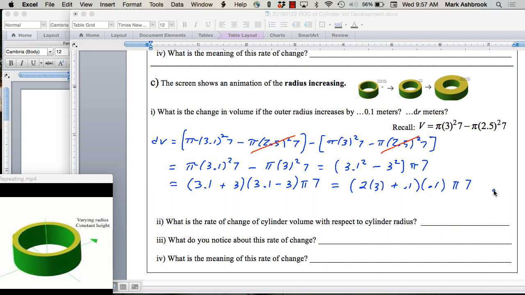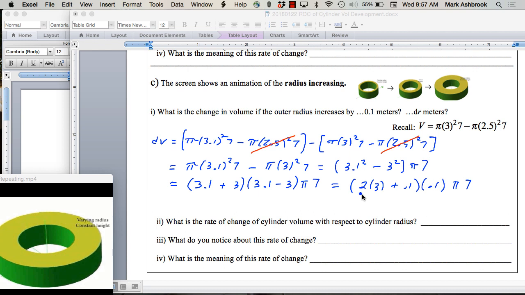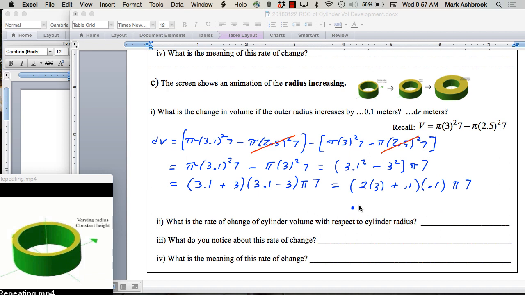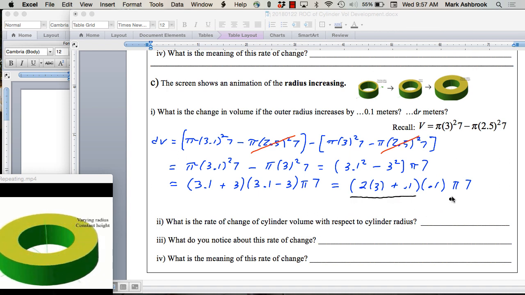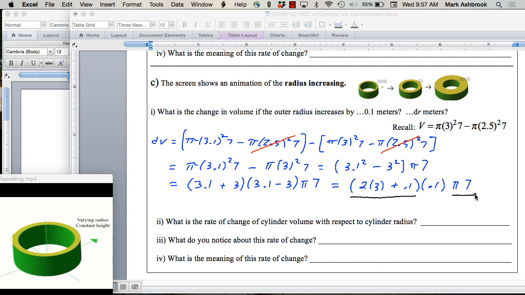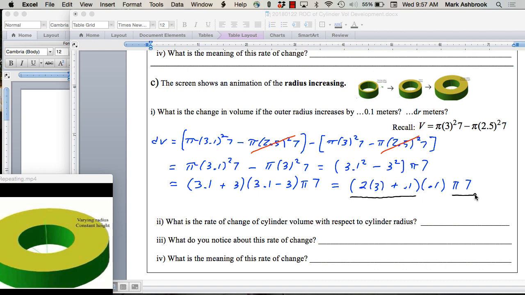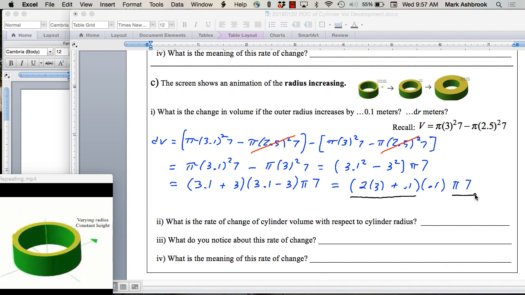So what is the rate of change then? So what is the rate of change of volume with respect to radius? So you see, I got my dr right there. So all this other stuff is my rate of change. Okay? Because the rate of change times the change in r gives me the change in V. Right? This is my change in r right here.